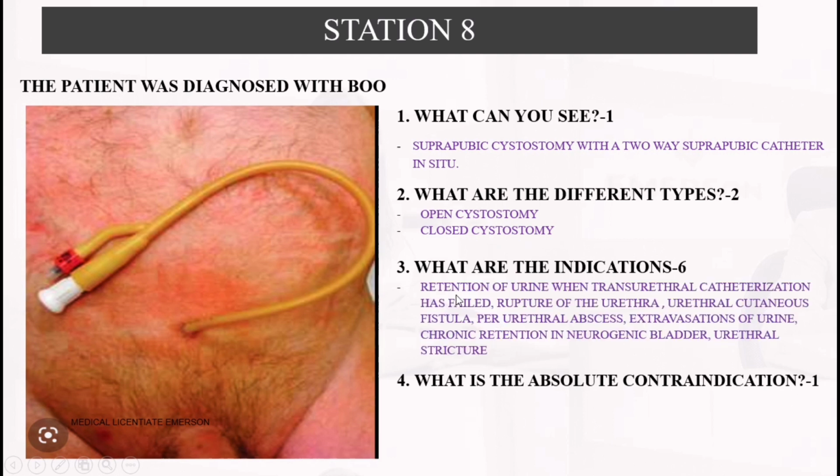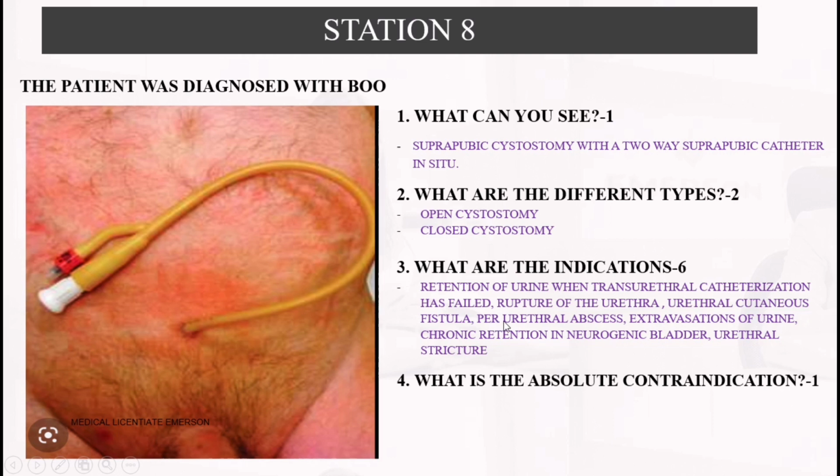What are the indications? So indications, we have retention of urine when transurethral catheterization has failed, rupture of the urethra, urethral-cutaneous fistula, can also have periurethral abscess, extravasation of urine, chronic retention in neurogenic bladder, can also have urethral stricture as well.